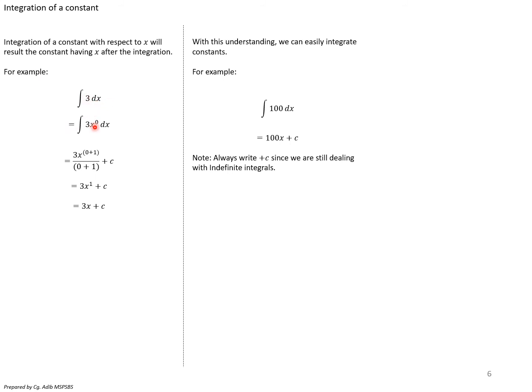You know that x to the power of 0 is 1, so we can express it like this. So if you apply the integration formula, you're going to have 3x to the power of 0 plus 1 divided by 0 plus 1, which is 3x plus c. Okay, so any constant, if you want to integrate it, just put x, right?